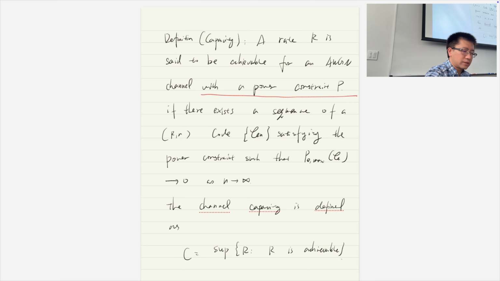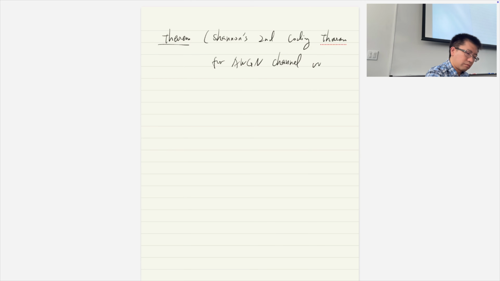Okay, and given all the definitions, now we're ready to present our theorem. This is the channel coding theorem for the AWGN channel with power constraint.